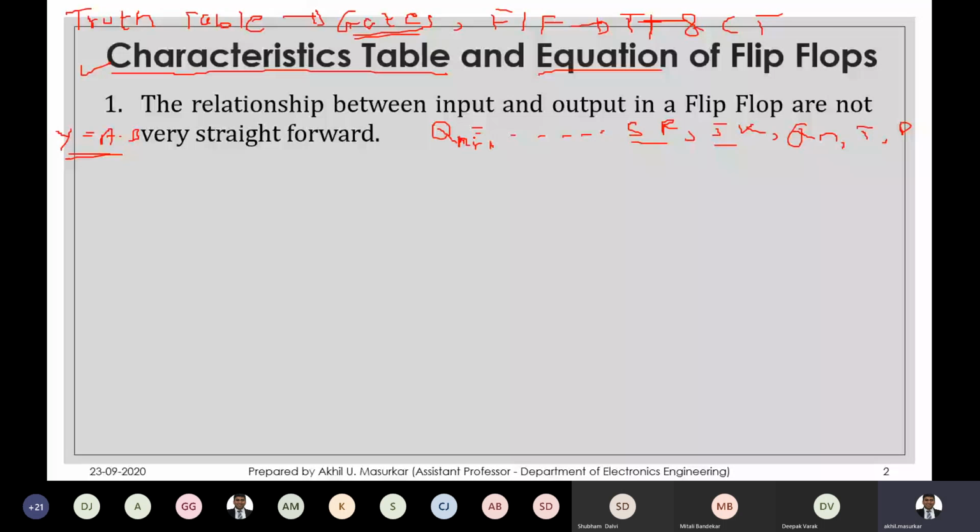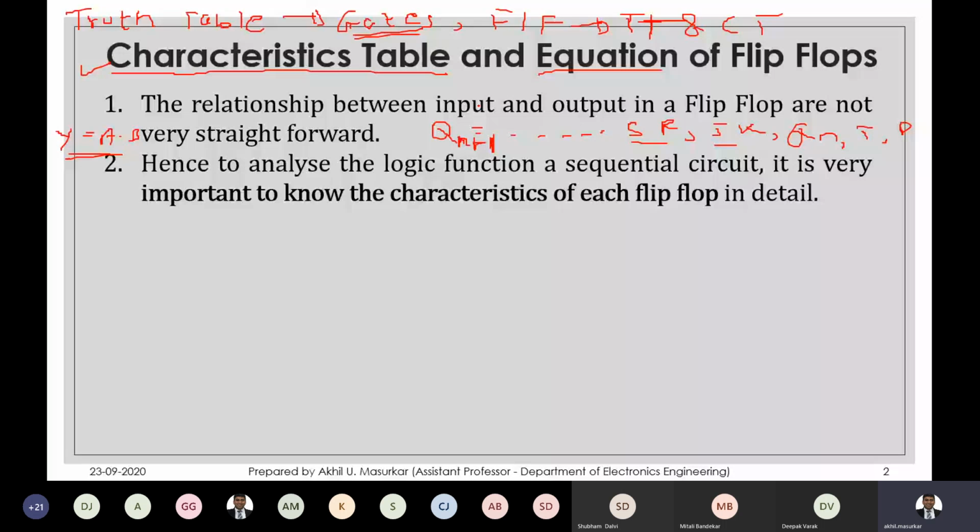The second thing is, hence, to analyze the logic function of a sequential circuit. A combinational circuit can be analyzed using functions such as Y is equal to A plus B bar dot C. You can always analyze that.